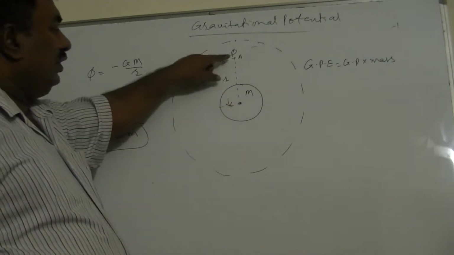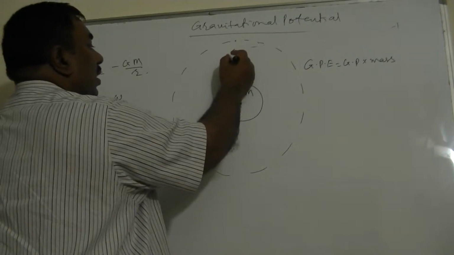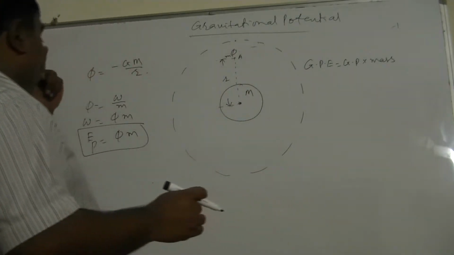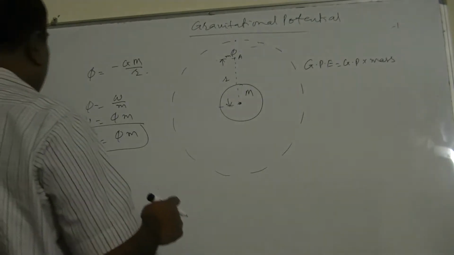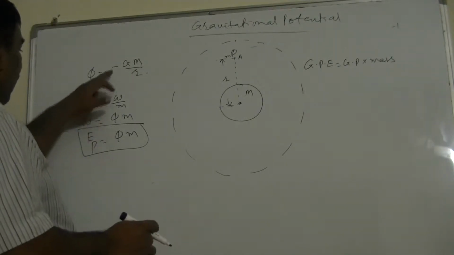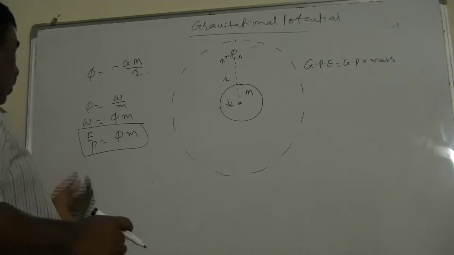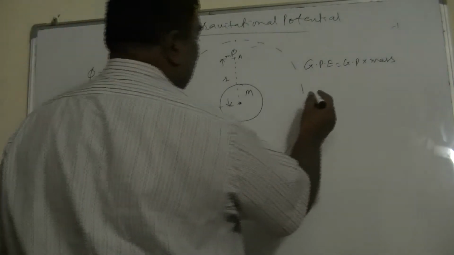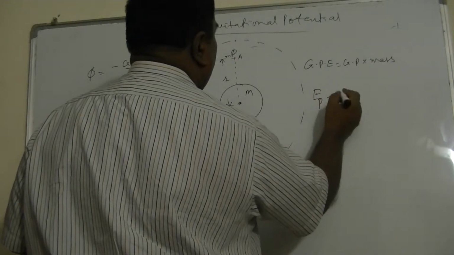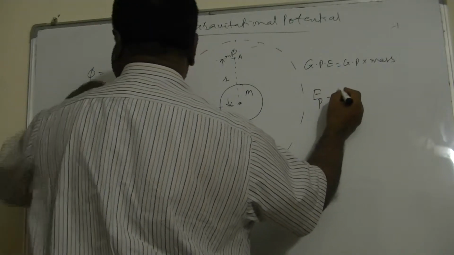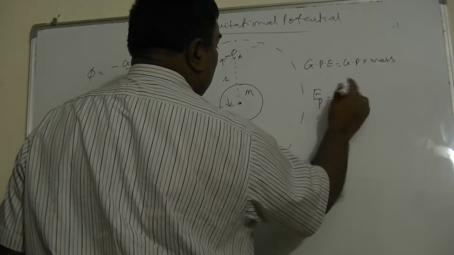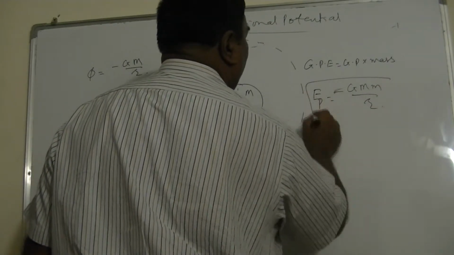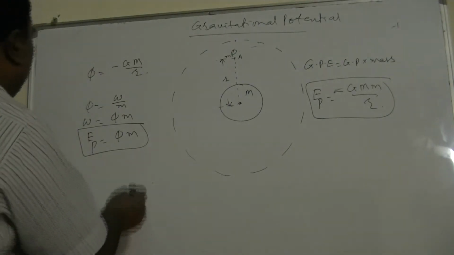It's the mass which is placed at point A. So Ep is equal to phi m, where phi is minus GM upon r. So Ep is minus GMm upon r. This is the formula for gravitational potential energy also.